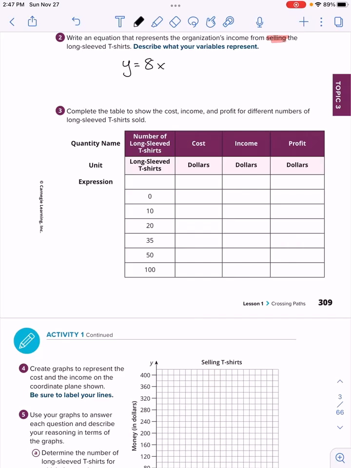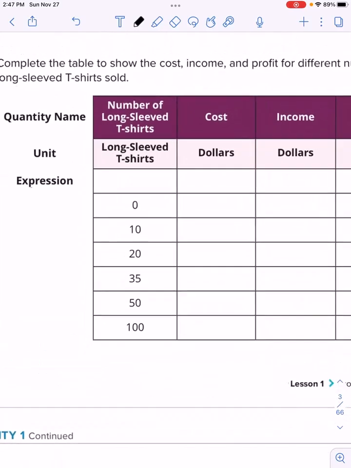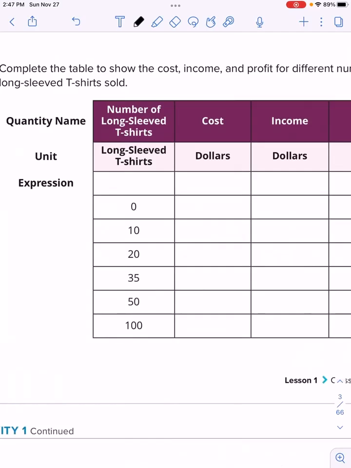Before we get to this, let's say the t-shirts are going to be represented by x. The cost is 4x plus 160, and the income is just 8x. So we're just going to do a couple and hopefully see a pattern here.